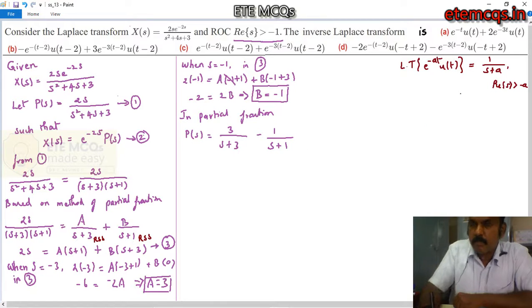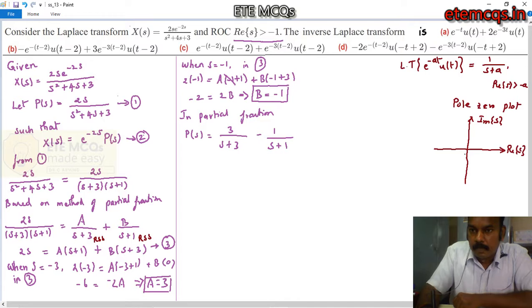Let me just draw the pole zero plot also for reference. The pole zero plot for the given problem can be drawn as follows. On the real part of s axis, you have 0, minus 1, minus 2, minus 3, and here you have 1, 2 and 3.